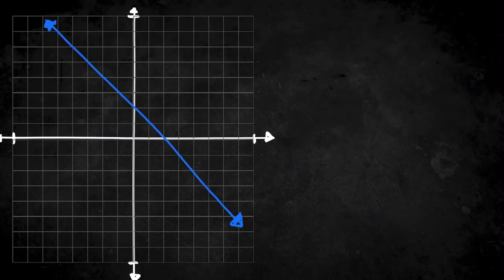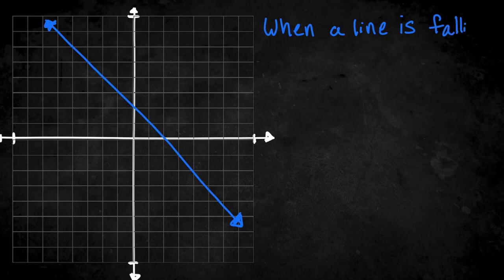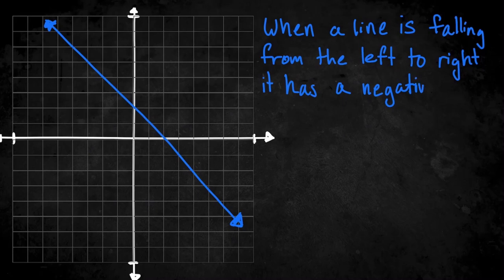So here we have another line. Now I can tell this is a negative slope because when a line is falling from the left to the right, it has a negative slope. So let's solve the slope for this line to make sure that it's negative. So let's do this point, (-2, 4), and here (1, 1). I'll do (1, 1) first.